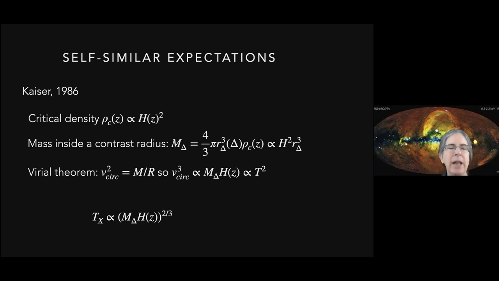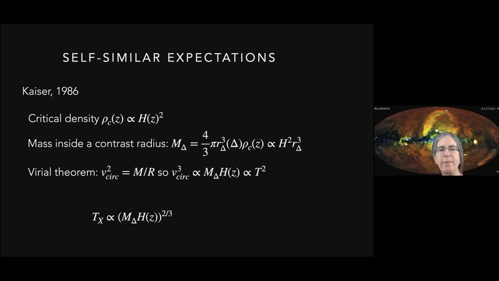And you can calculate the expected circular velocity proportional to M over R. So v cubed is proportional to the mass times the Hubble constant, which is proportional to t squared, and you get that the X-ray temperature you'd expect is proportional to mass times this Hubble parameter to the 2/3 power.